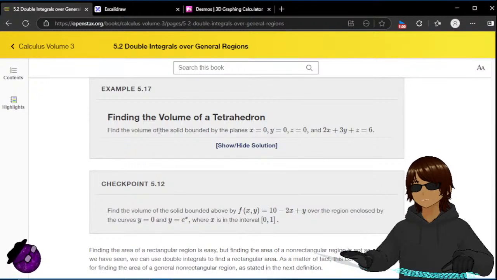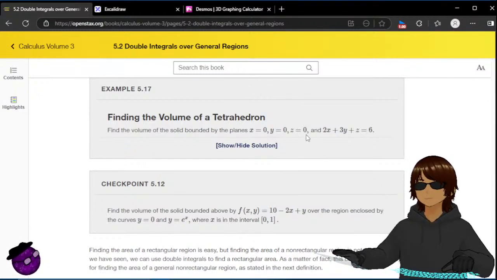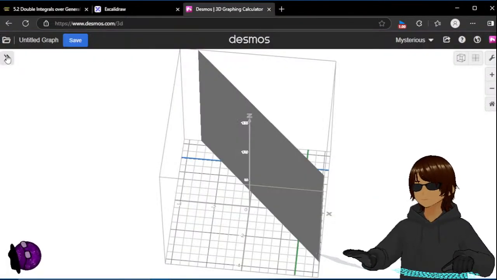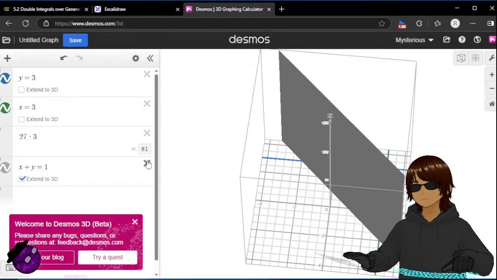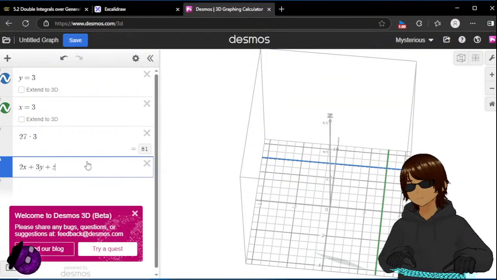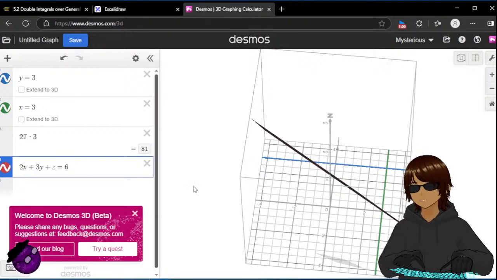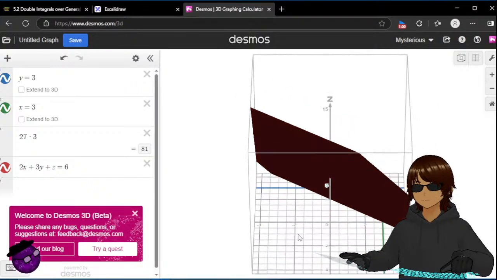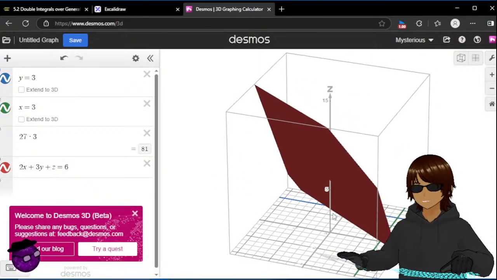Find the volume of the solid bounded by the planes x equals 0, y equals 0, z equals 0, and 2x plus 3y plus z equals 6. So we have this plane, and then we have the planes x, y, z equal to 0.